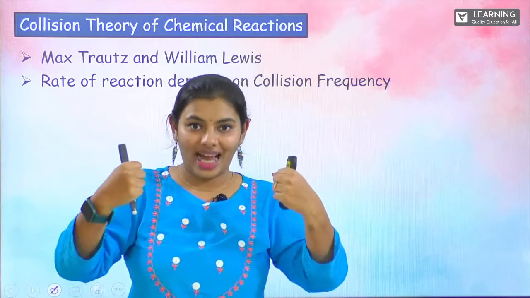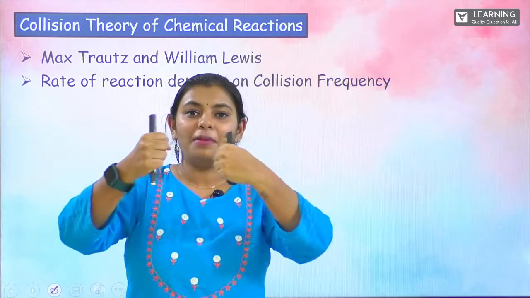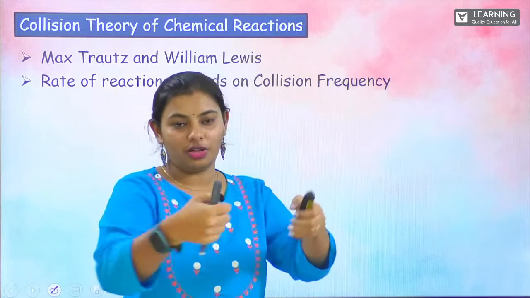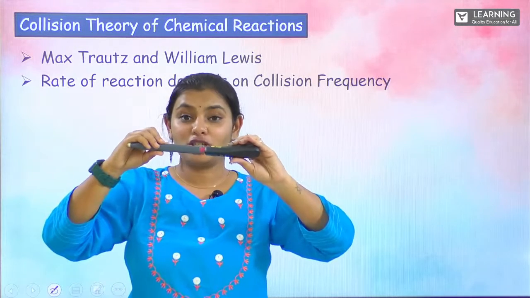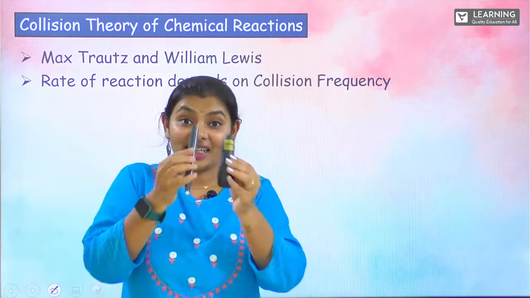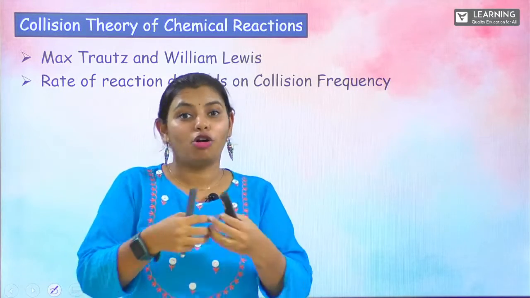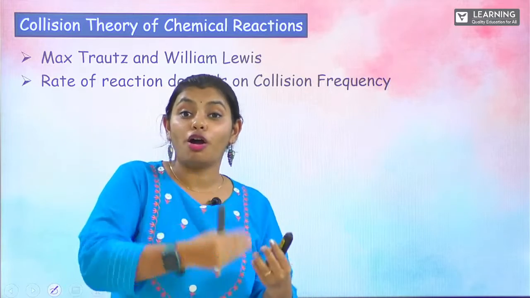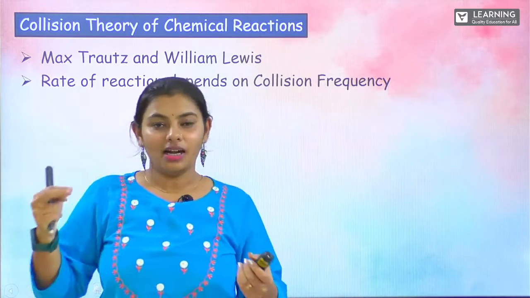So if the two reactant molecules just come and touch each other and go, and it's not like completely hitting each other, then the collision is an improper collision, which is not going to give us the desired product.